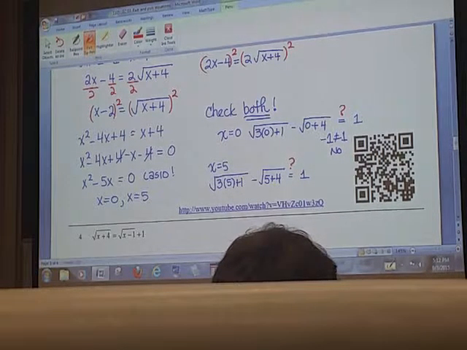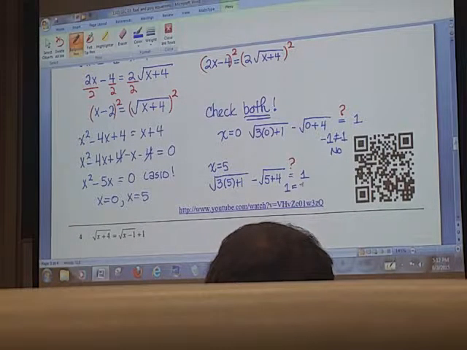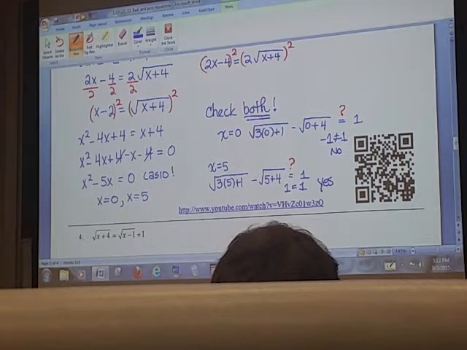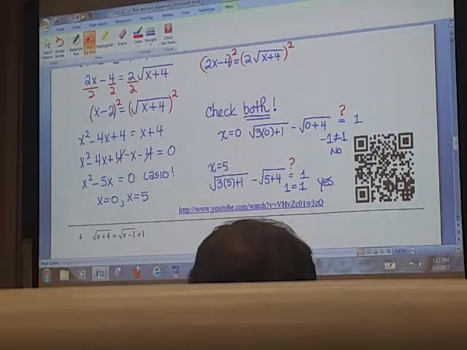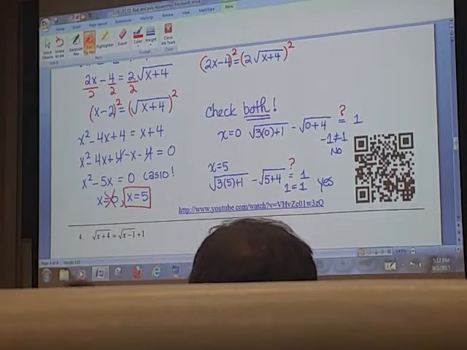So that's square root of 16 is 4, minus 3. So that's 1 equals 1. And that one's yes. So I'll dump you and keep you.